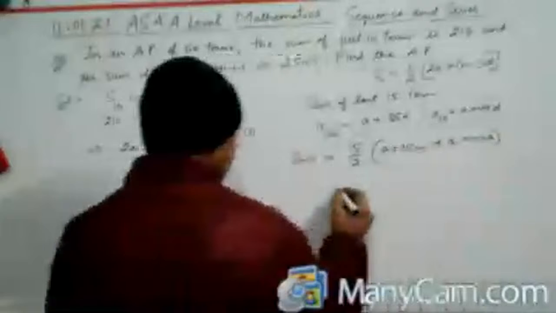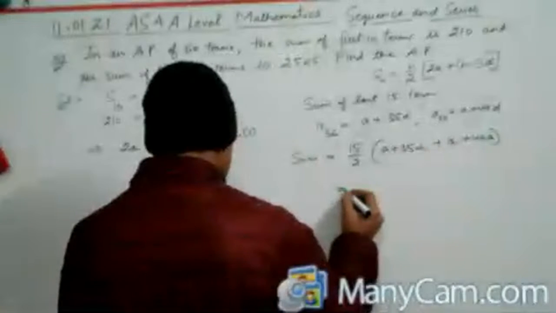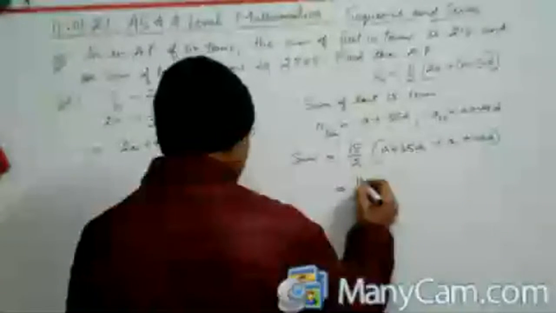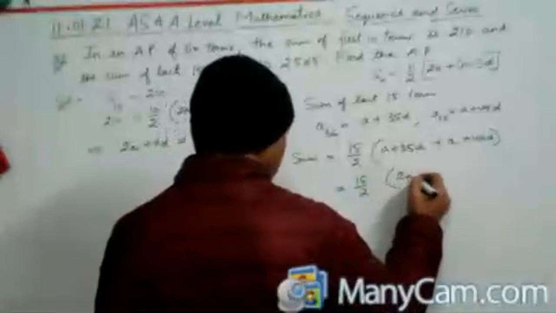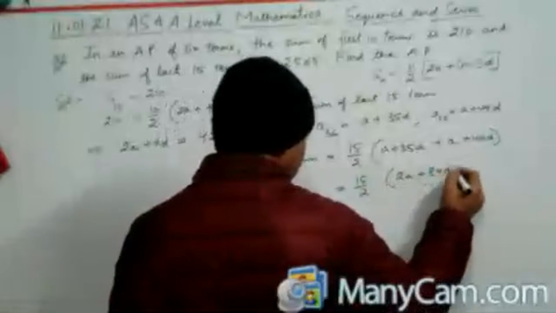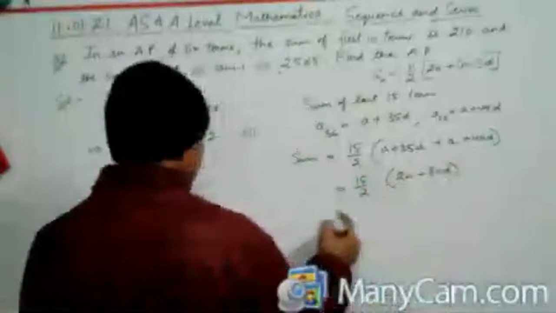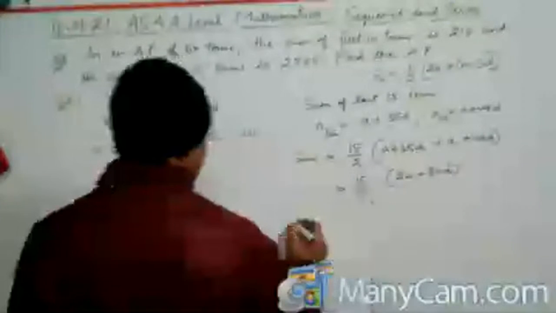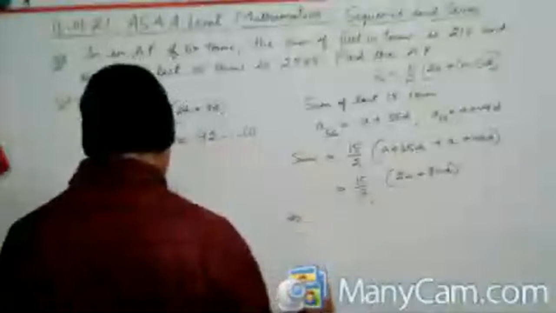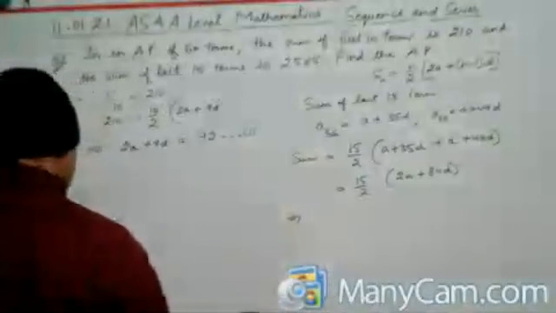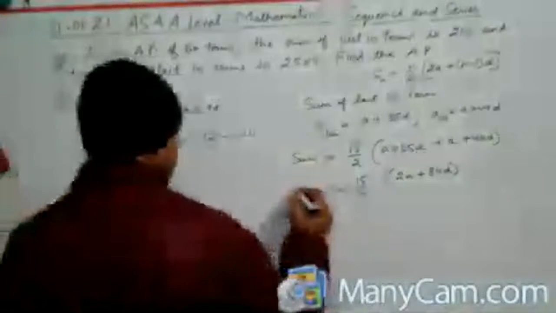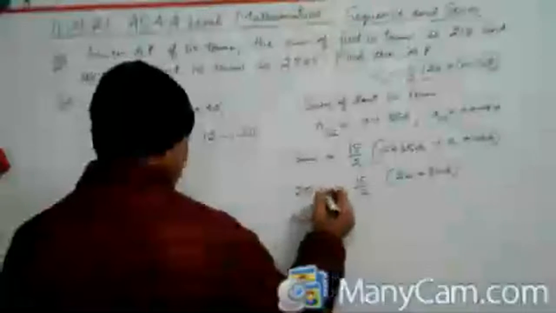When we add, we have 15 by 2 into (2a plus 84d), and this sum is equal to 2565.